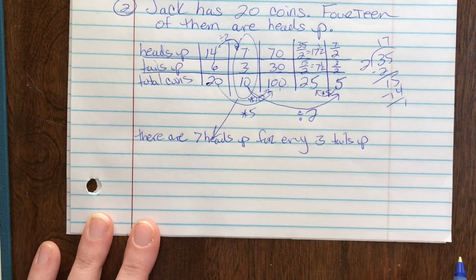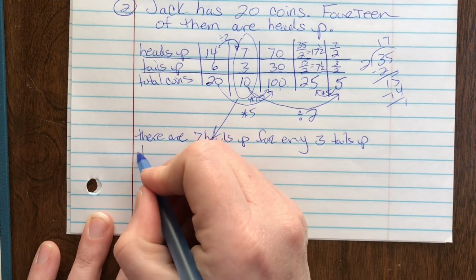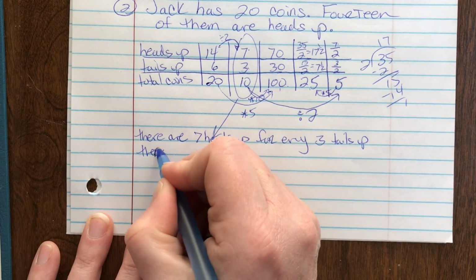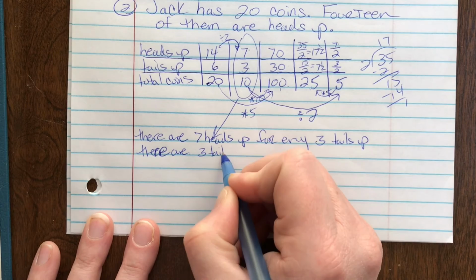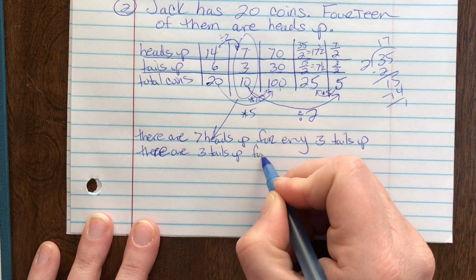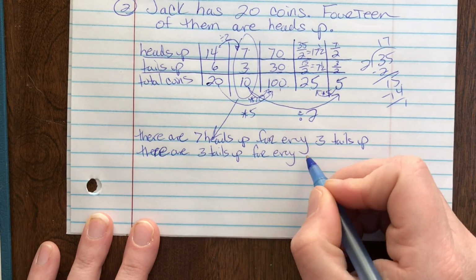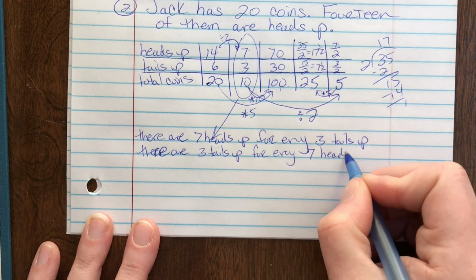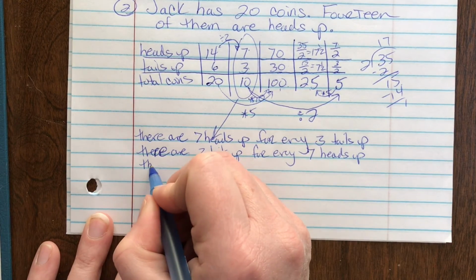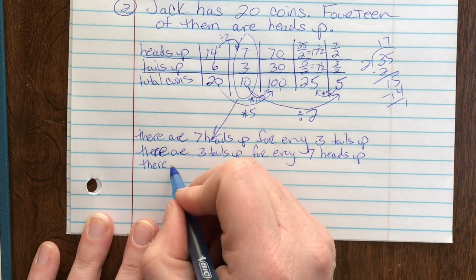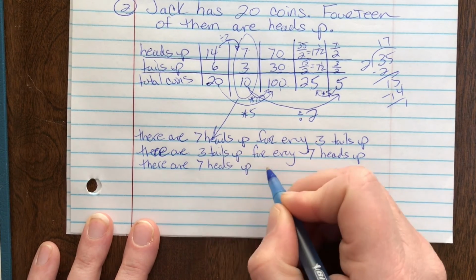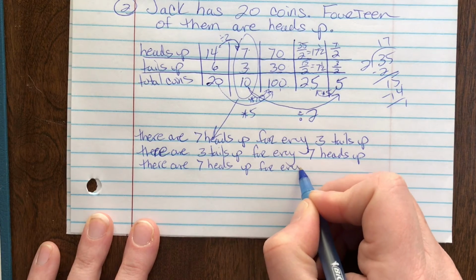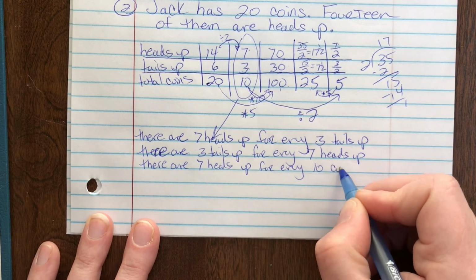I guess I could have called it heads down as well. There, well, my handwriting's going to get worse as I go down the paper. 3 tails up for every 7 heads up. There are 7 heads up for every 10 coins.